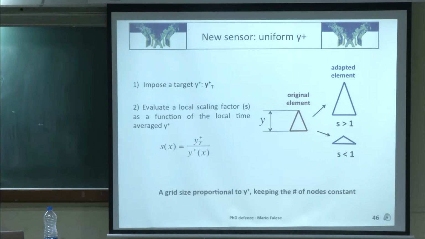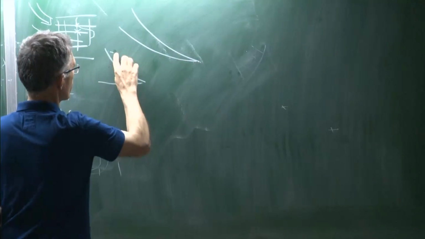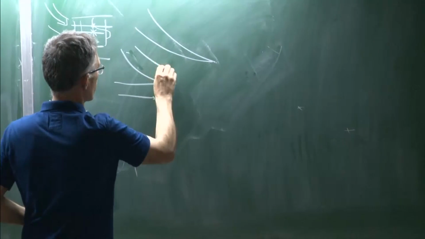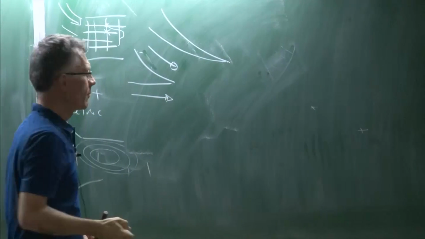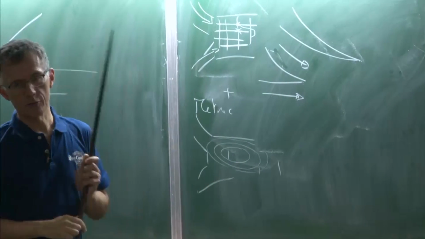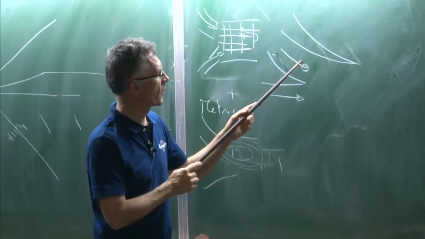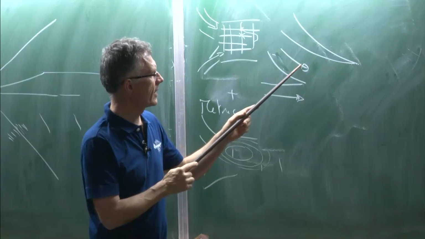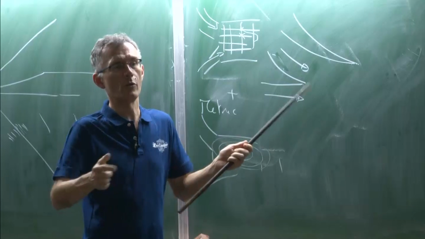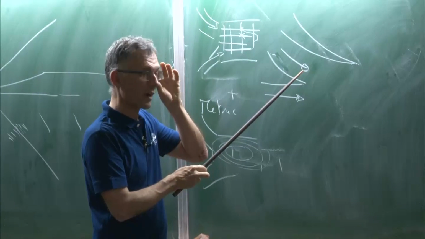His point was to say, if you have two passages, the important thing in the swirler computation is the flow split between these two passages. Because if in one computation you have 50-50 and in another one you have 80-20, of course the flow will be completely different. So you should at least try to have the right flow split.